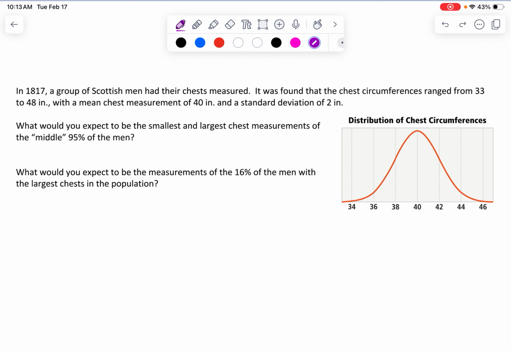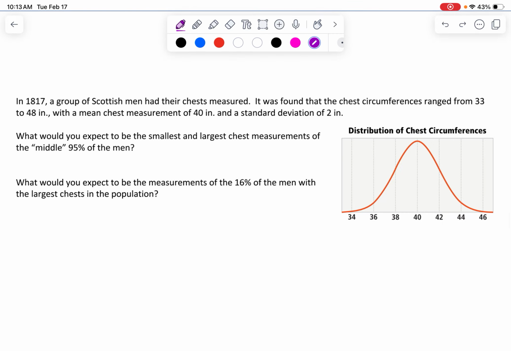What would you expect to be the smallest and largest chest measurements of the middle 95% of men? Okay, so now if you remember, middle 95% is 2 standard deviations away. So that's from here to here. So there's 1, 2.